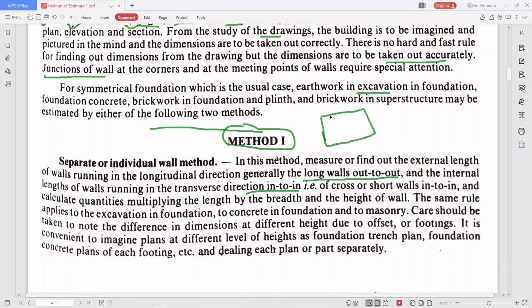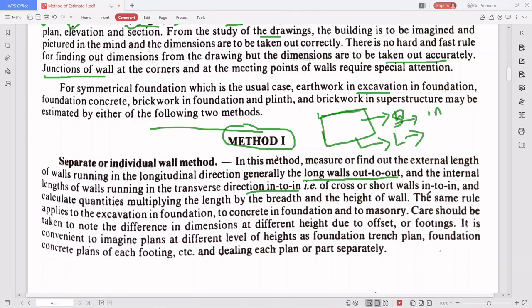Whatever is in the x direction is the long wall, and the other is the short wall. Whenever we calculate dimensions for the long walls, we have to take out to out dimension, and for the short walls, we have to take in to in. What is this in to in, and what is out to out? It will come later. You will get to know.